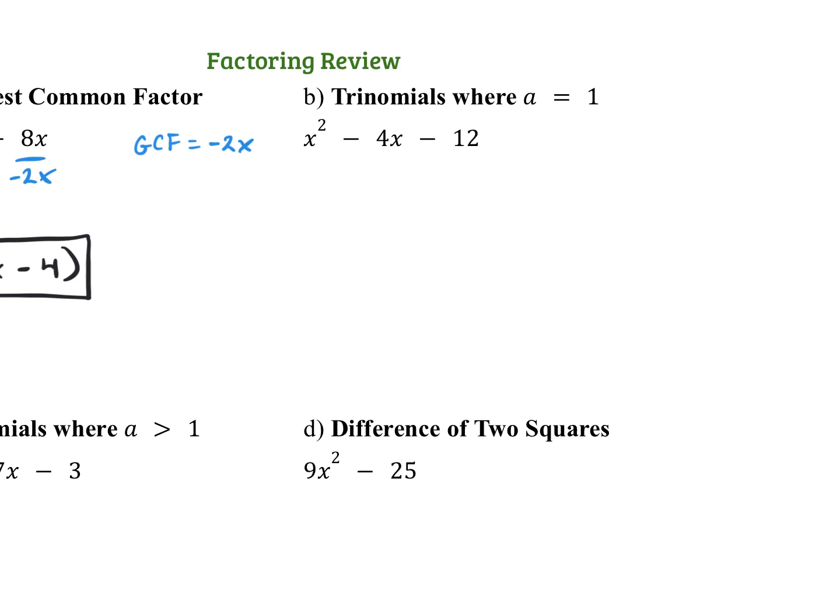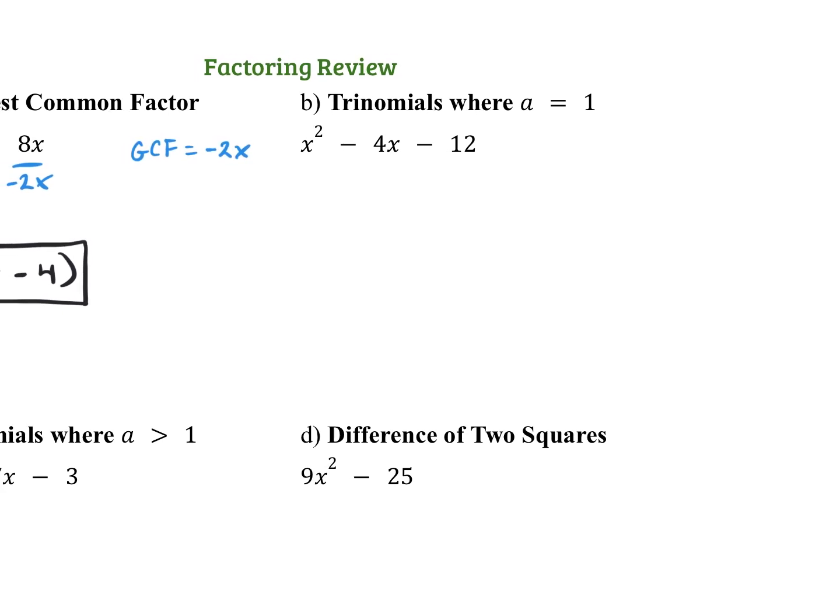All right, the next thing we should be able to factor are trinomials where your a value is equal to 1. So there's lots of different techniques for this, so whatever you'd like to use is fine. Some people can just do this in your head. If you need to, I like to use this method sometimes called magic x. So you take your c value and you put it on top, in this case that's negative 12, and you take your b value, which is negative 4, you put it on the bottom, and you ask yourself what multiplies to make negative 12 and adds to make negative 4.